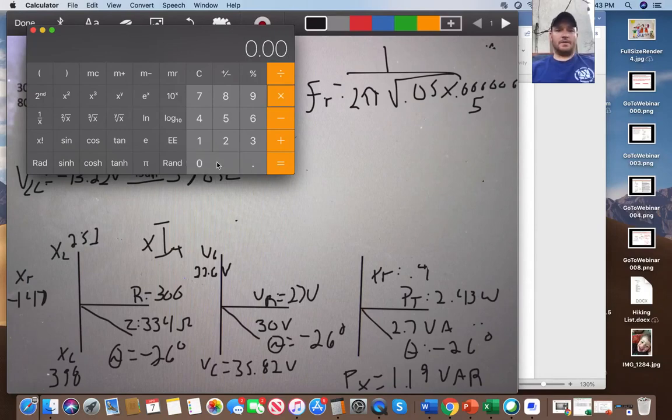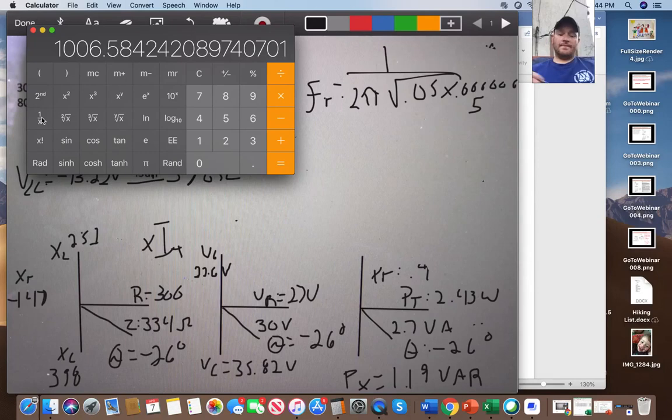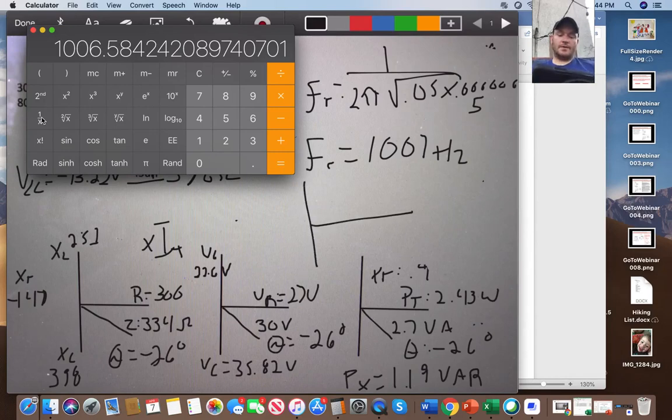That's my 1, 2, 3, 4, 5, 6, 5 equals, take the inverse of that, times 2 times pi equals, and I'm going to inverse this. Look at that. Our FR is 1007 hertz.